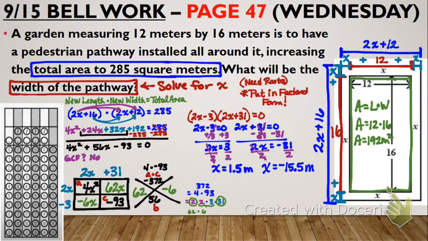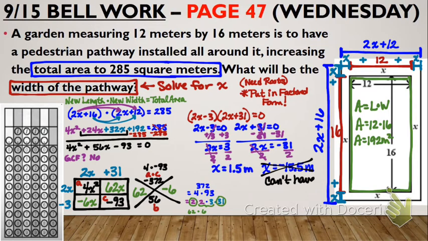Do both of our answers make sense? What is x representing in our problem? The width of the sidewalk. Can I have a width on a sidewalk that is negative 15 meters? No. We did the problem correctly, but in the context, this one doesn't make sense.